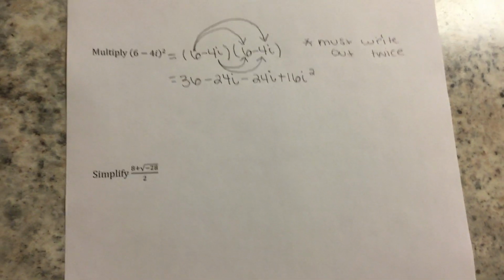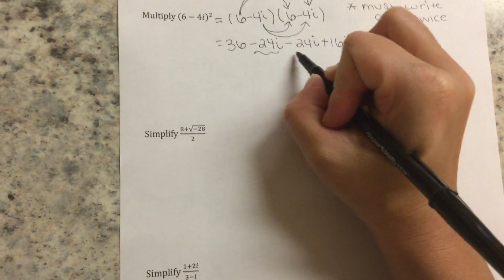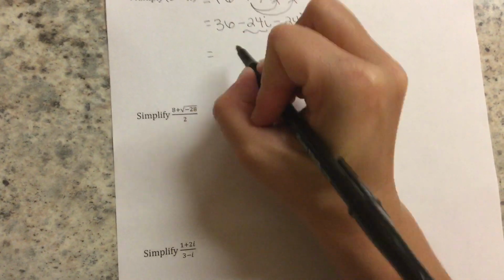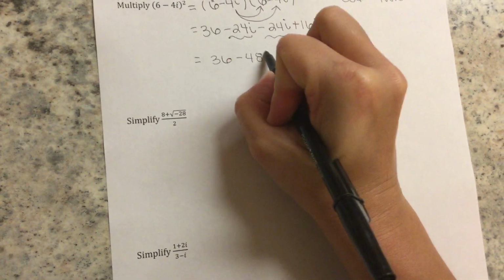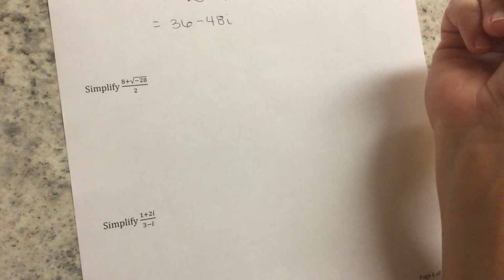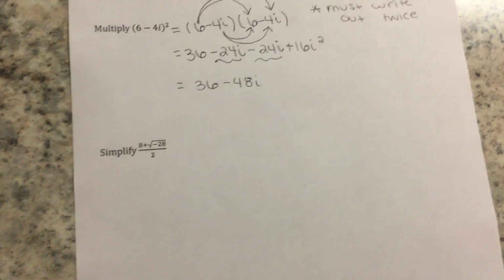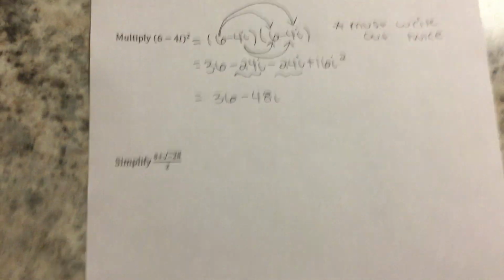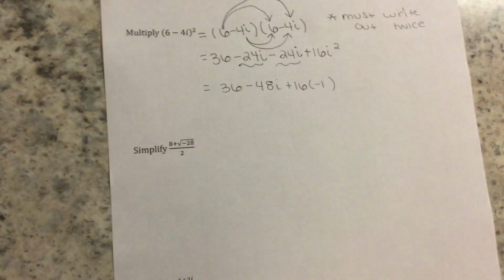All right, so if we notice, I have negative 24i minus 24i, so combining like terms, I have 36 minus 48i. Just like if it was negative 24x minus 24x, I'd be having negative 48x. In this case, it's i. And then I have i squared. I know i squared is negative 1.